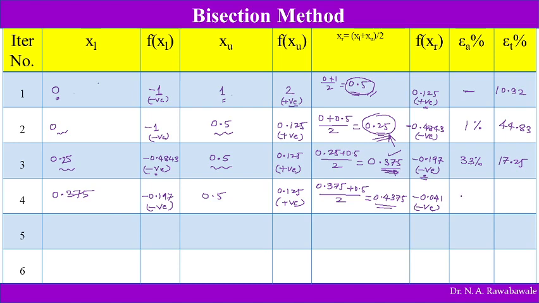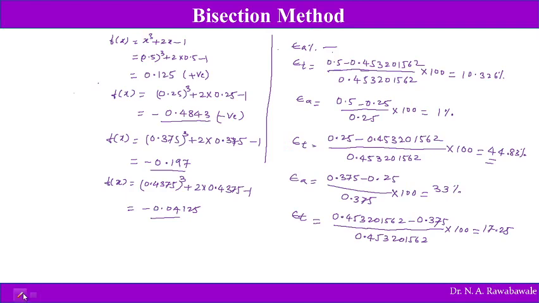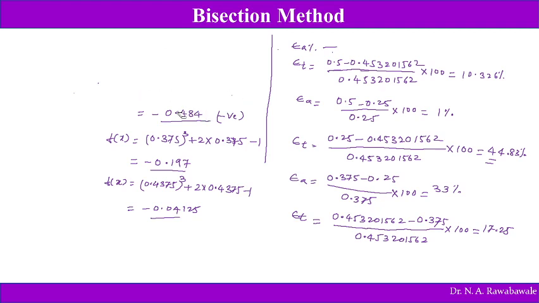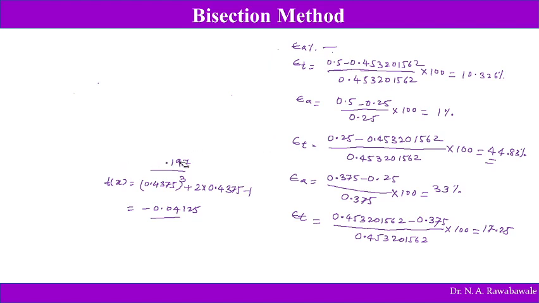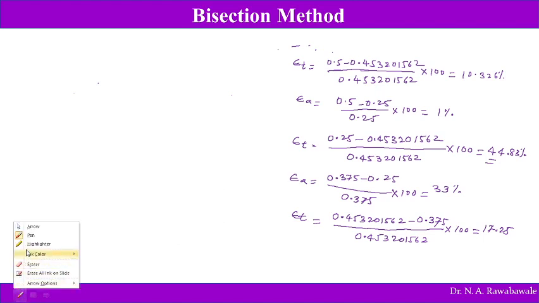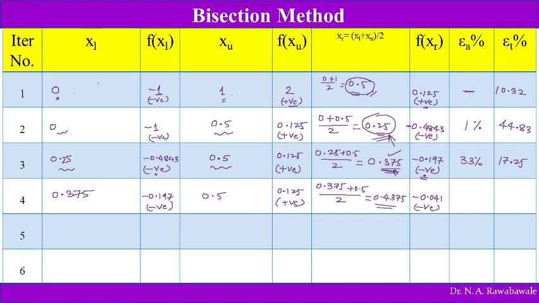So let's calculate the approximate error. The previous approximation is 0.375.